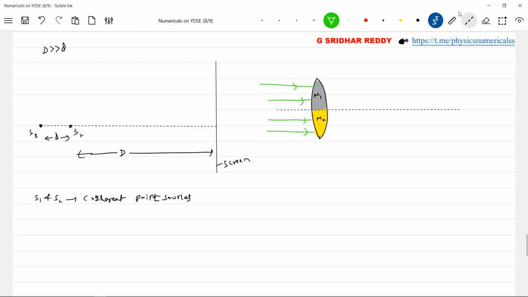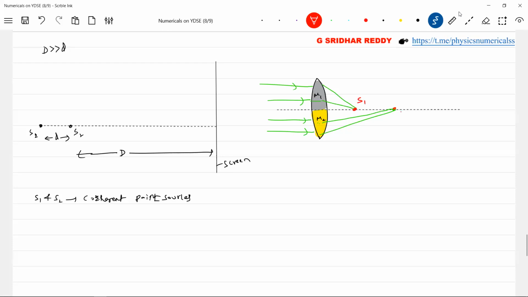What do you expect? The rays incident on the lens above the axis will meet at one point. The rays below the axis will meet at another point. So they'll meet at these points, and this will be the location of one focus.